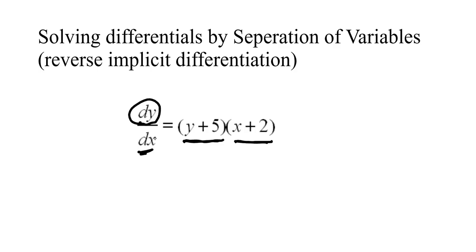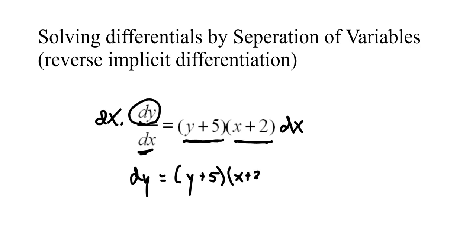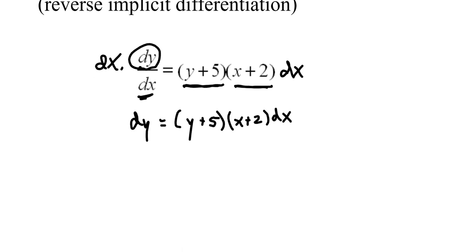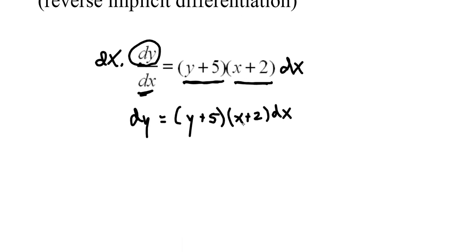In order to solve this, we're going to multiply both sides by dx. When you do that, the dx's will cancel out, and then we're left with dy equals the quantity y plus 4. Sorry, not y plus 4, y plus 5, times the quantity x plus 2, dx. Now from here, we want to make sure that we get our x's with the dx and our y's with the dy.